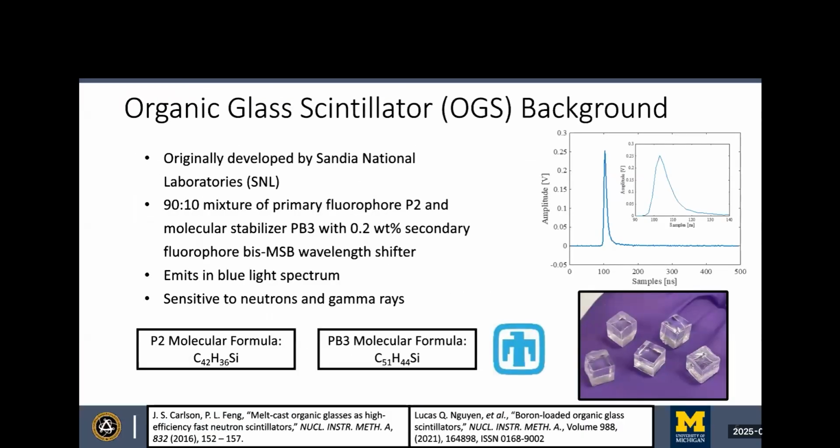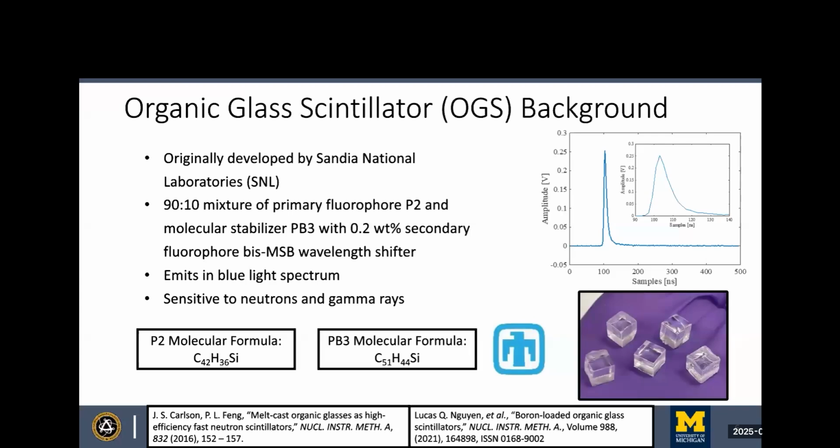For a little bit more background about OGS, the material was originally developed by Sandia National Laboratories, or SNL for short. It is a 90-10 mixture of a primary fluorophore, P2. It has a really long chemical name, so we just call it P2 for short, with a bit of a molecular stabilizer, PB3, and a tiny amount of the secondary fluorophore, bis-MSB, as a wavelength shifter.